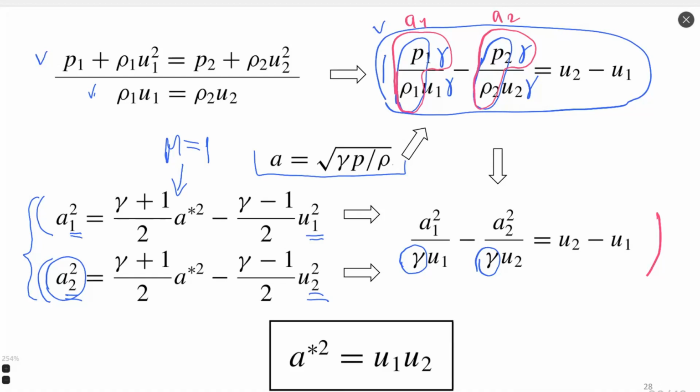in this equation. Now, using two forms of the energy equation, we substitute A1 and A2 inside this equation, and we obtain a very short, very small equation that relates speed of sound at the characteristic point and the product of velocities.